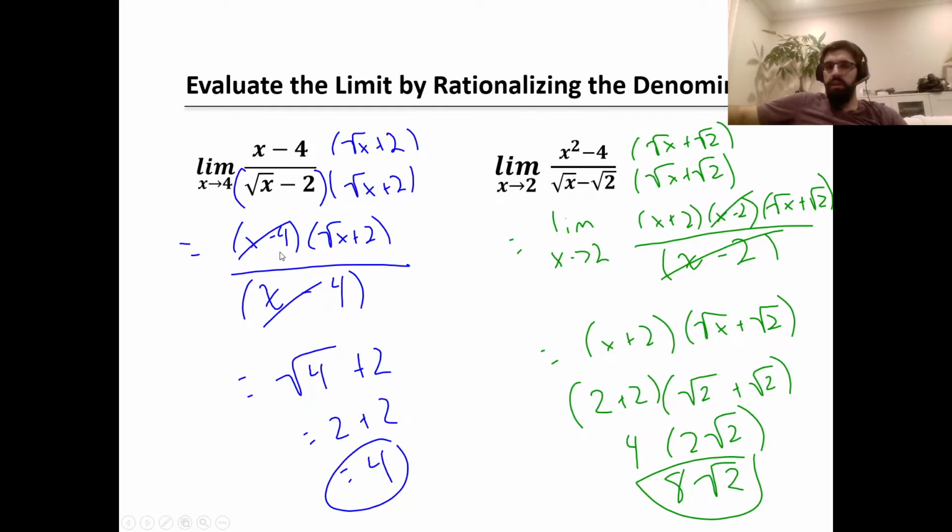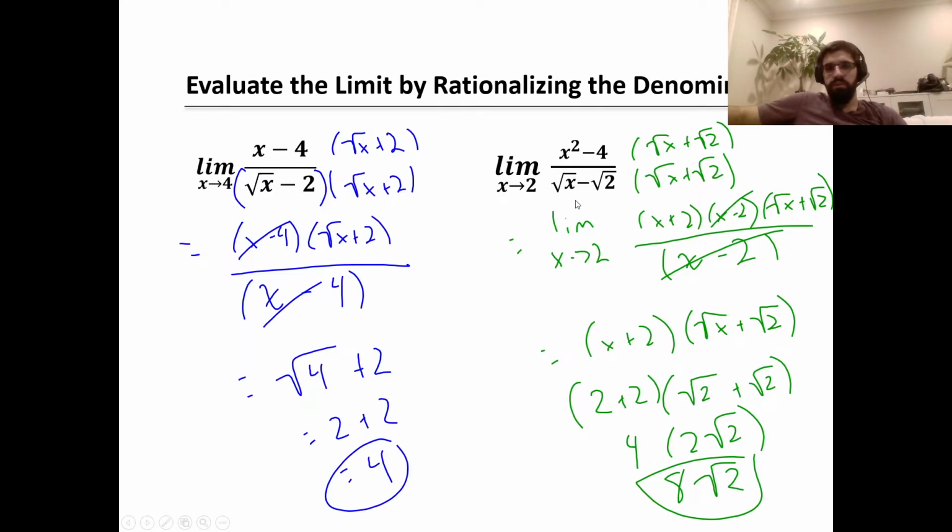And you can see that x minus 4 is now a factor in the numerator and the denominator. So I can write an equivalent function. The square root of x plus 2 is a graphically similar function to our original function, except it fills the hole at 4. So when I do direct substitution in our similar function as x approaches 4, I get 4. So 4 is our answer.